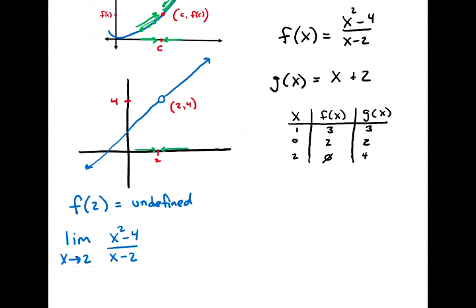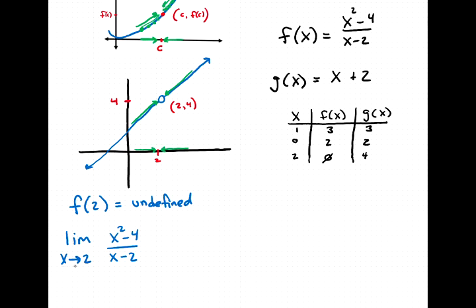So the limit is the y value of the point that the function is approaching, is getting closer to. As the x values get closer and closer to 2, the y values are getting closer and closer to 4. And this is the whole point of the limit here.